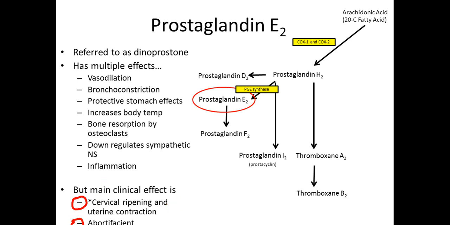Or it could be used as an abortifacient during early trimester pregnancy to abort the child as well. However, it also has tons of other options of use, so it's not limited to pregnancy. It is found naturally within the body.